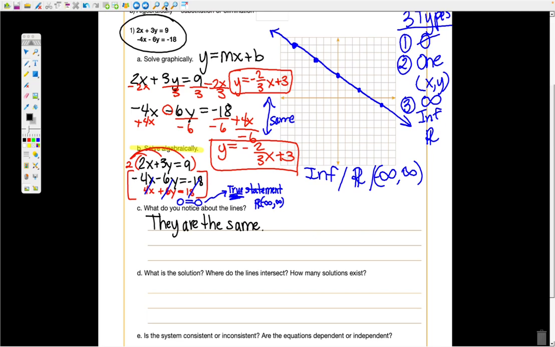All right. What is the solution? Infinitely many. All real numbers. I'm going to say infinitely many. Where do the lines intersect?